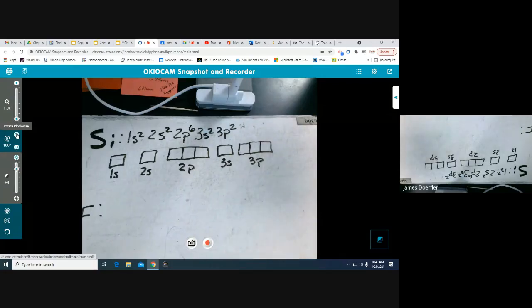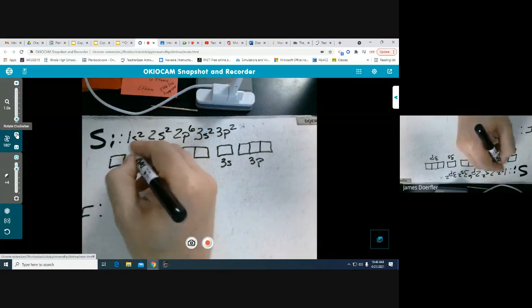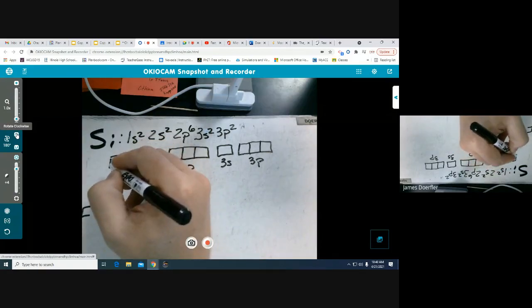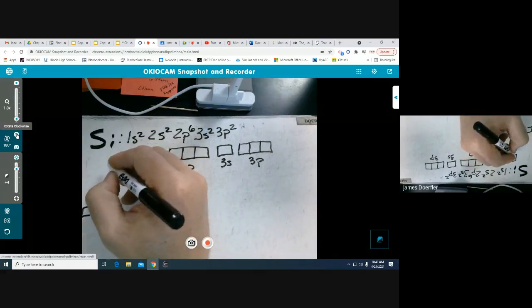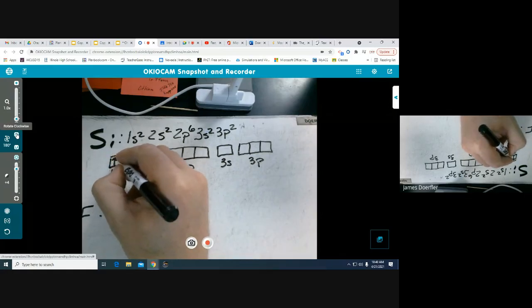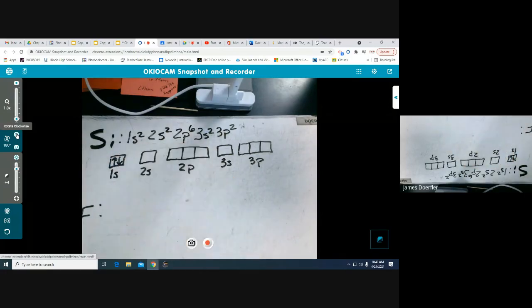So we are going to start placing in electrons. Now, as we go through this, I'm going to kind of be talking a little bit. How many electrons do I need to put in this first box? 2. Up arrow, down arrow.